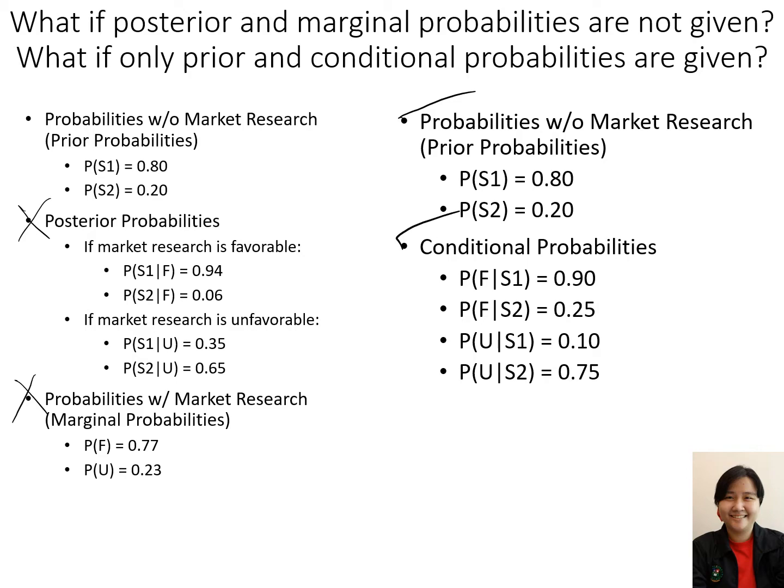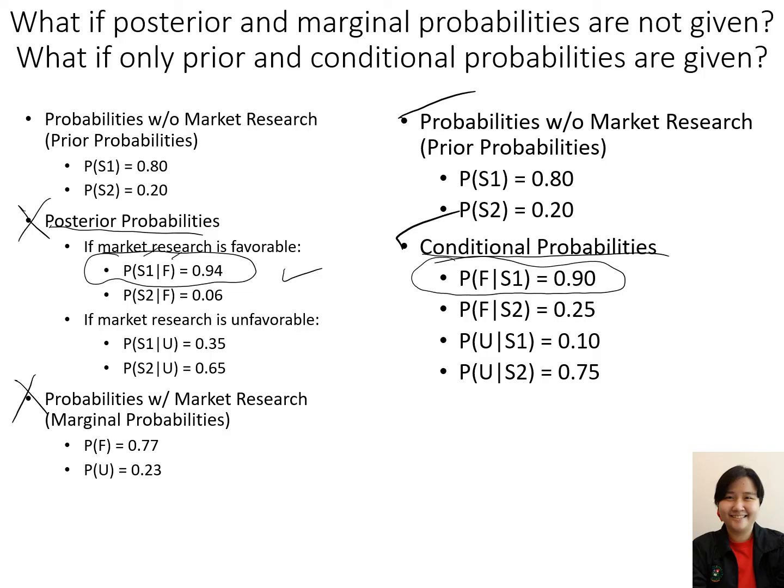Now, if we're going to compare posterior versus conditional probabilities, let us look at this one and this one. For the posterior probabilities, this is read as the probability of S1 occurring given a favorable market research.